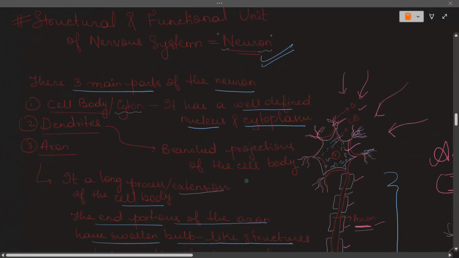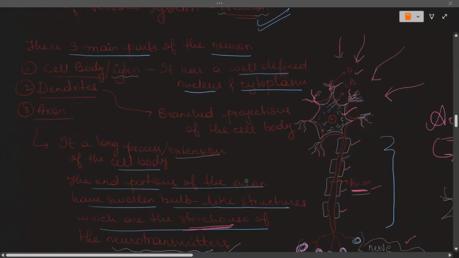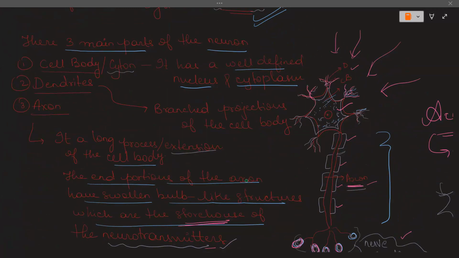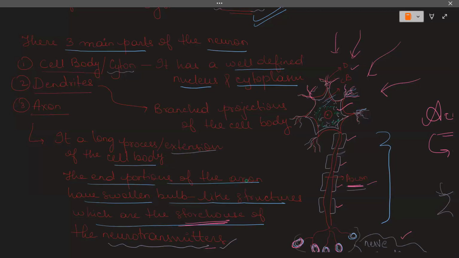One neuron has three main parts. The first part is the cell body, which is also known as a cyton. It contains a well-defined nucleus and proper cytoplasm.